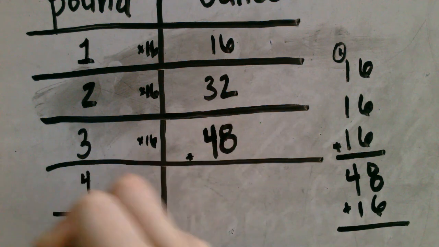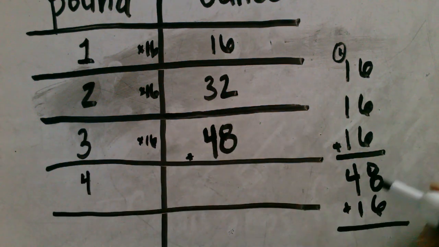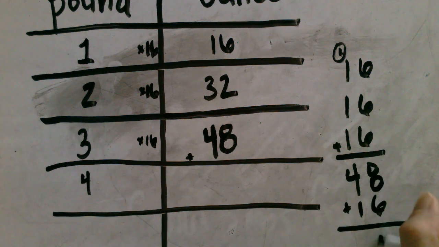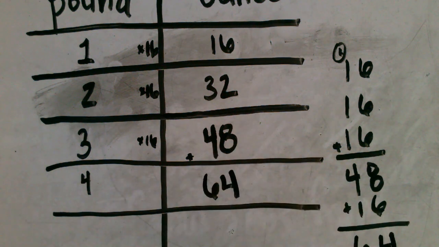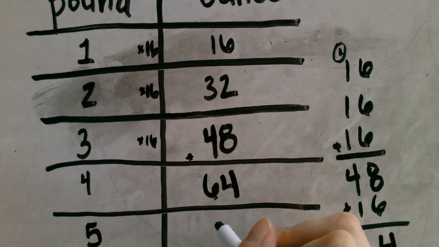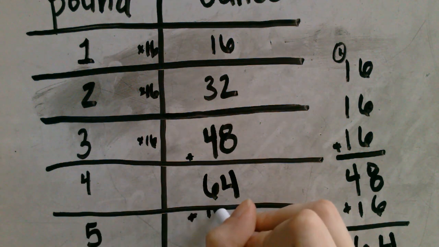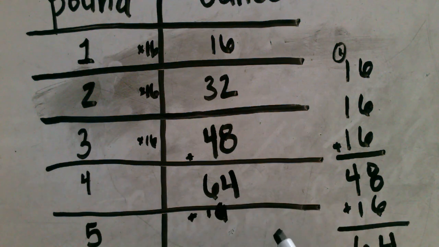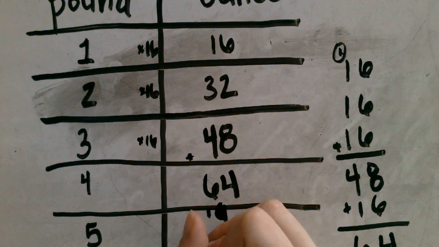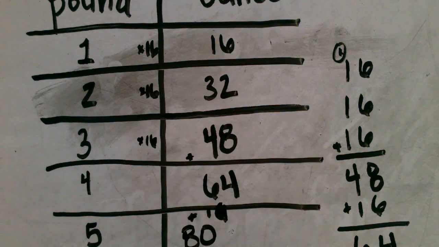And that will tell us how many ounces are in 4 pounds. 48 plus 16 is 64. And we can keep going. So if we wanted to figure out in 5 pounds how many ounces there are, we could add 16 to 64, and we would get 80.